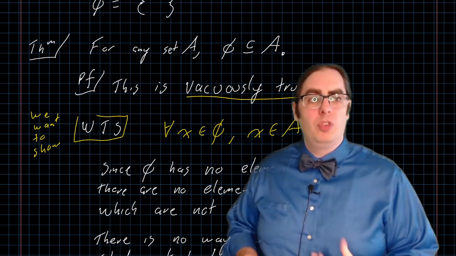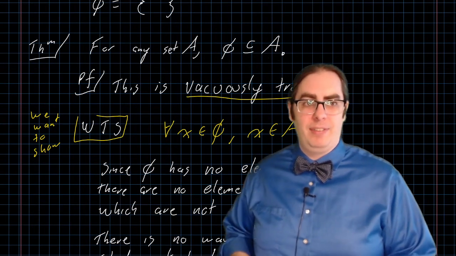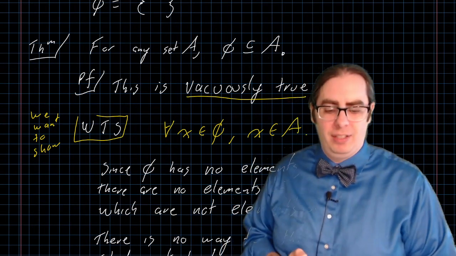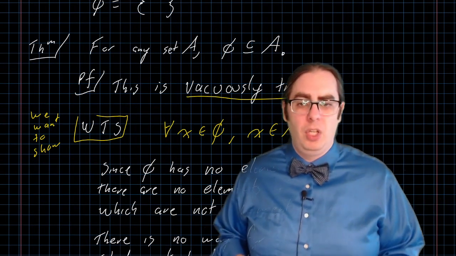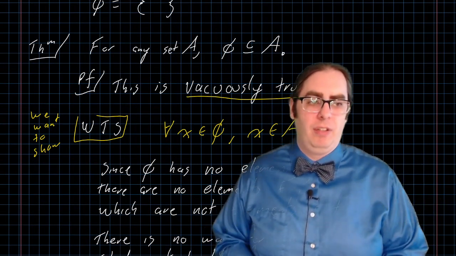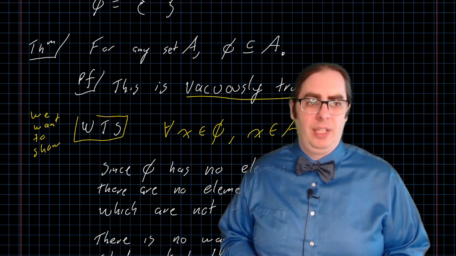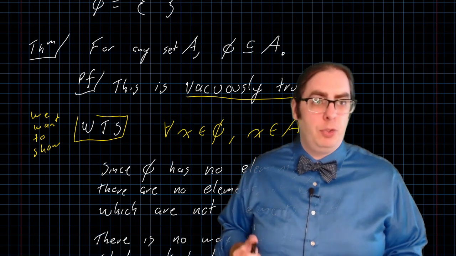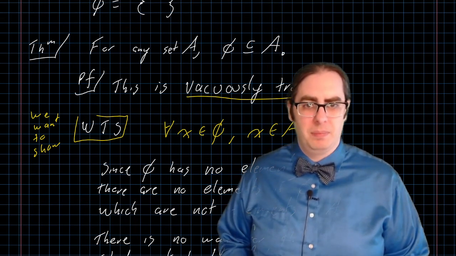In order for set theory to work, we have to accept that the empty set is a subset of every set. And we have to accept that every set is a subset of itself. Those are the foundational ideas of set theory, and we're able to build off of them in surprisingly useful ways.